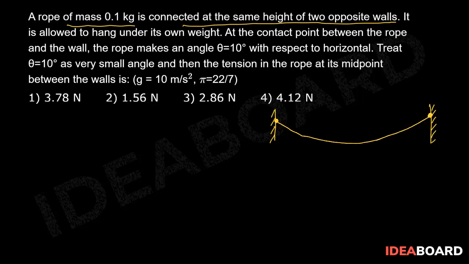Let A and B be the contact points between the rope and the wall. It is also said that at the contact point, the rope makes an angle of 10 degrees with respect to horizontal. So if this is horizontal, the rope subtends an angle of 10 degrees at either of the contact points.